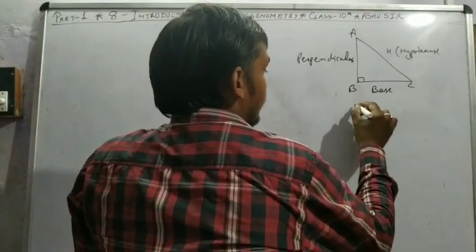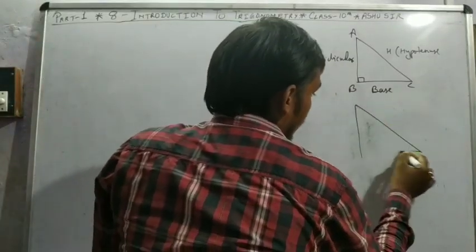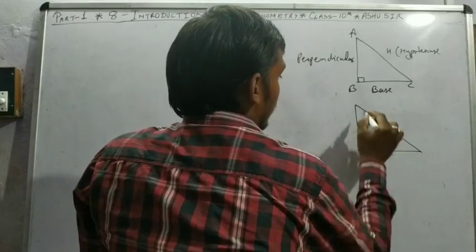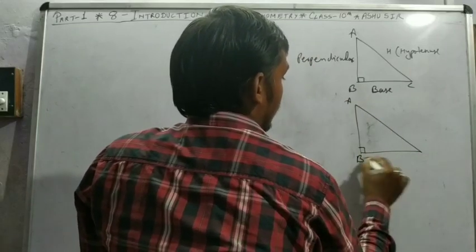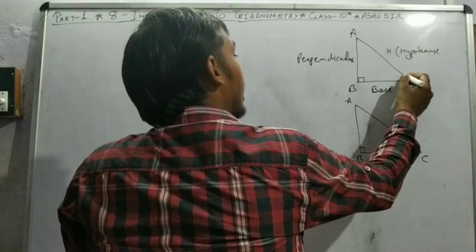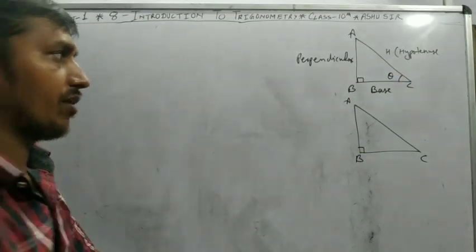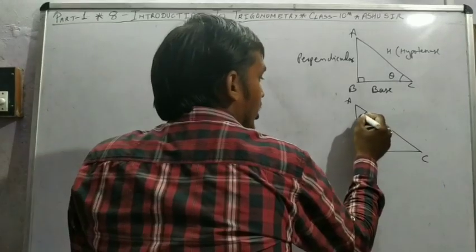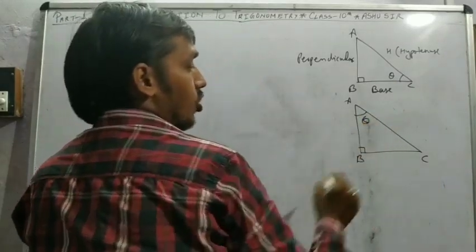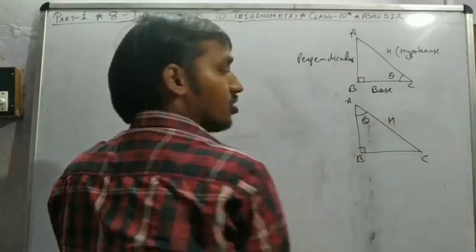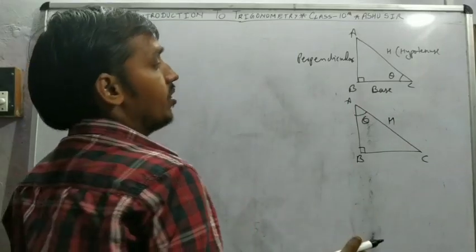If I say, when we take theta here, any angle, 30 degrees, 40 degrees, 45 degrees, the theta here. The side opposite the right angle is the hypotenuse, that is always the same.